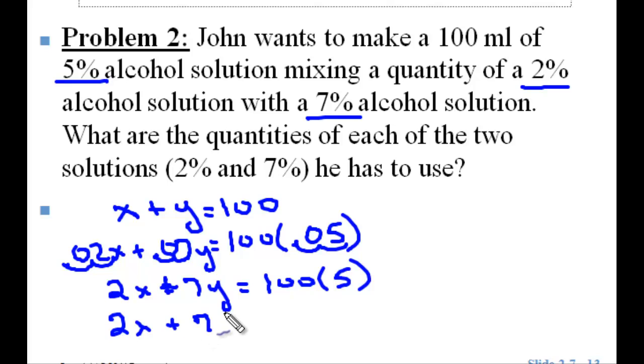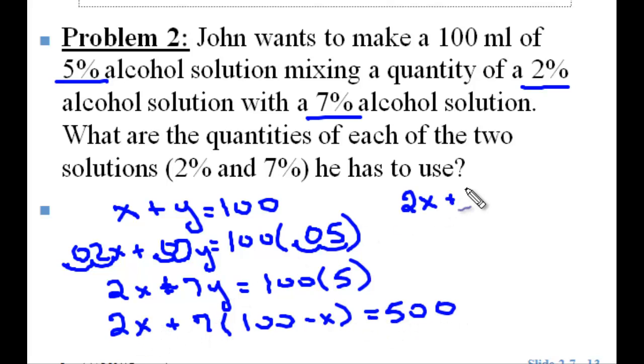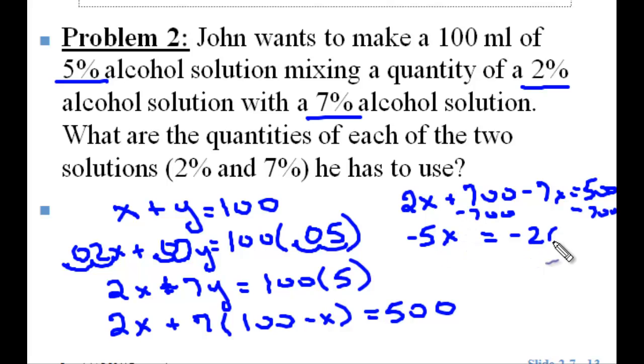2x plus 7 times (100 minus x) is equal to 500. Moving over to the side here, 2x plus 700 minus 7x is equal to 500. Negative 5x equals negative 200. So x is equal to 40.